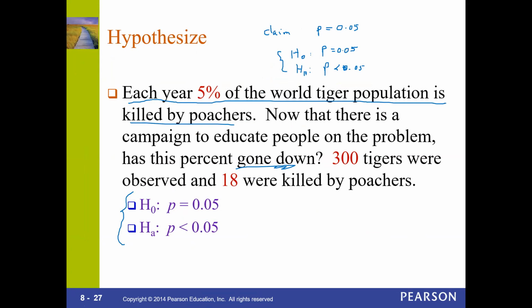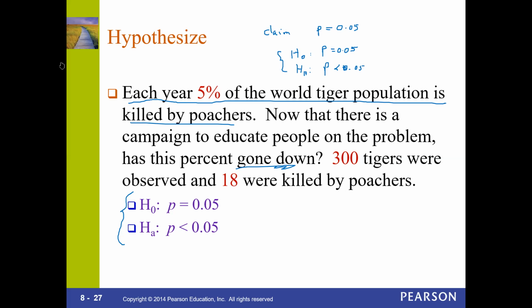Let me stop sharing and go to StatCrunch, my StatLab, and log into StatCrunch. Okay, let me share my screen with you.